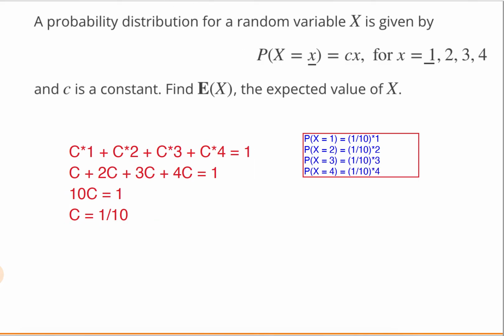So now that we know each probability, we can compute the expected value. The expected value of an event is equal to the value of x times the probability of getting that x. Okay? And this is the probability that we get x equals 1 from that blue table I have right there. And then the next value is 2, and the probability of getting a 2 is 1 over 10 times 2.